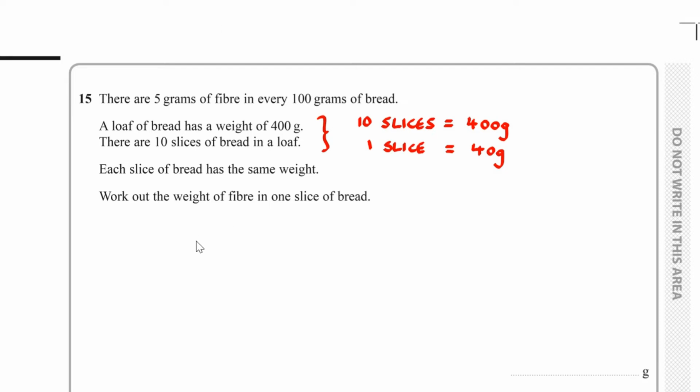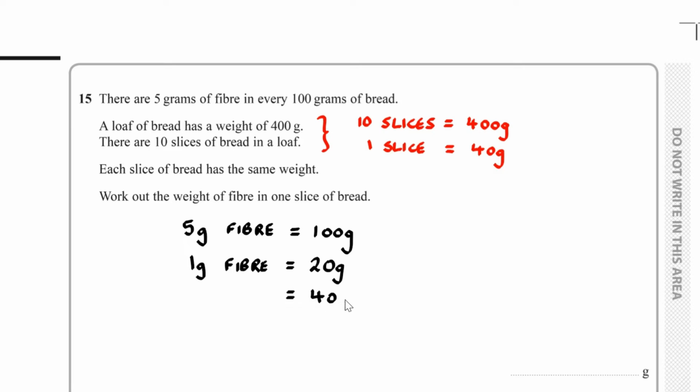So, writing out what we know, we've got 5 grams of fibre in 100 grams of bread. So that would mean 1 gram of fibre would be in 20 grams of bread. Now what we have is 40 grams.